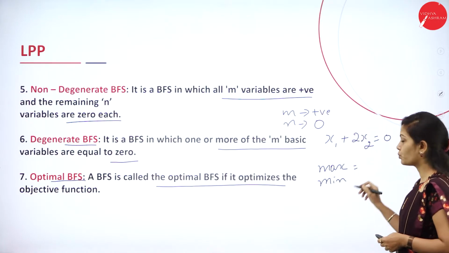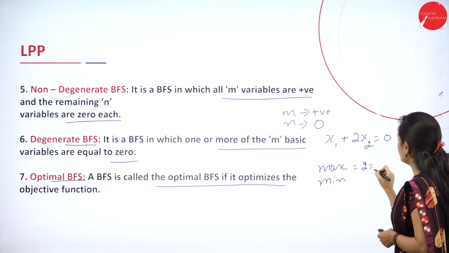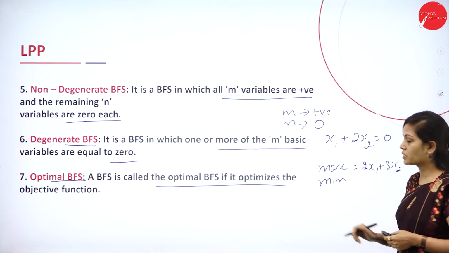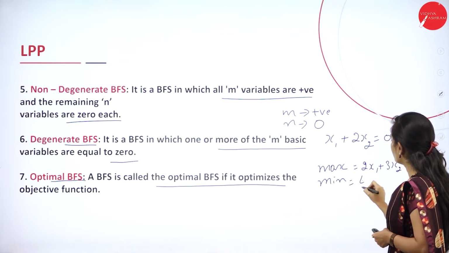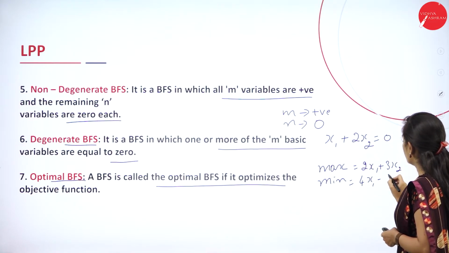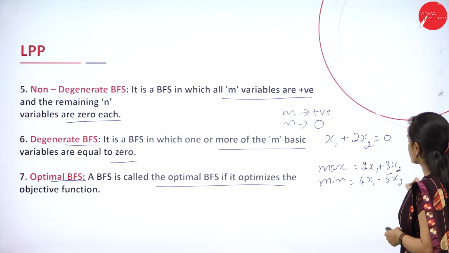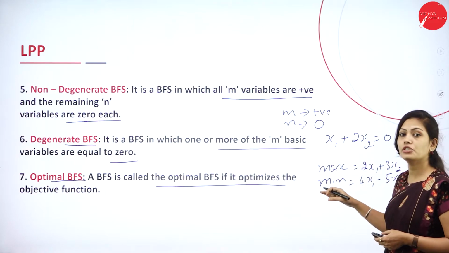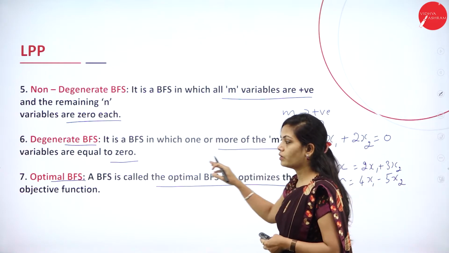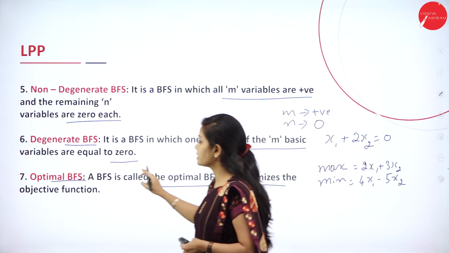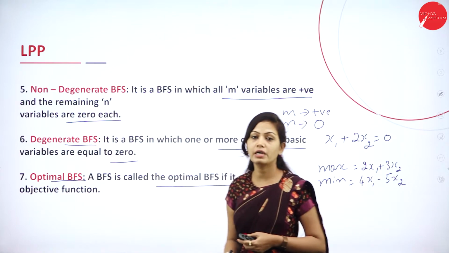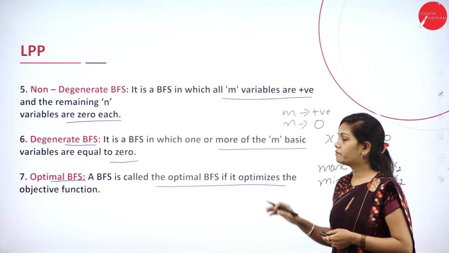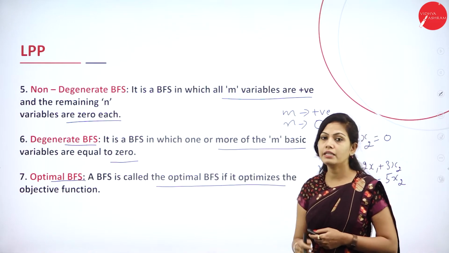For example, max is equal to 2x1 plus 3x2, which is a maximization objective function, or min is equal to 4x1 minus 5x2, which is a minimization objective function. So if your basic feasible solution optimizes the objective function, then we can call it an optimal BFS. Everything you will understand in detail in problems.